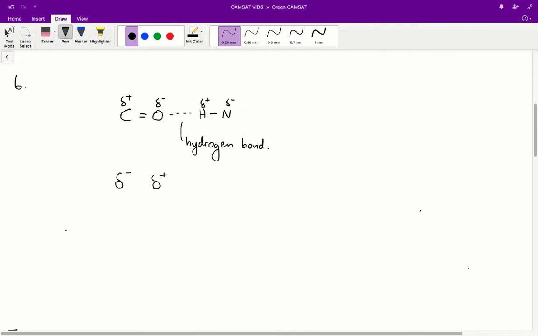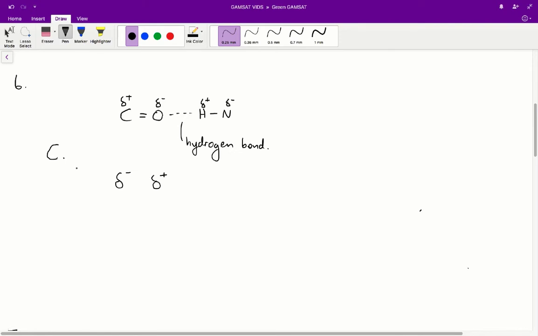So what we can do now is look at the answers in question 6, and the correct answer is answer C, because it states that there would be an attraction of the hydrogen atom in one part of the molecule to the oxygen atom in the other. And that's exactly what we've got going on here. We've got this hydrogen bond attraction between the hydrogen and the oxygen, so therefore C is the correct answer in question 6.